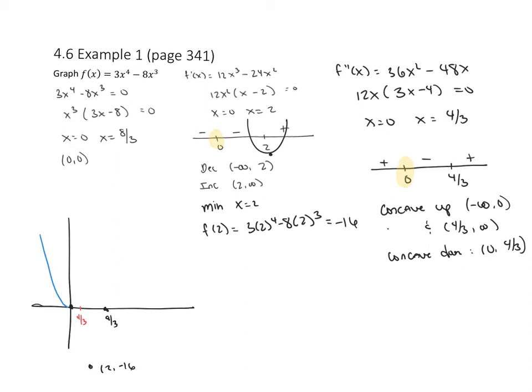And then at 0 until 2, I'm still decreasing, but I change concavity to concave down. And then at 4/3, I change it to concave up. So that's concave down, and then concave up, like that. So I'm going to have a function that looks something similar to this.